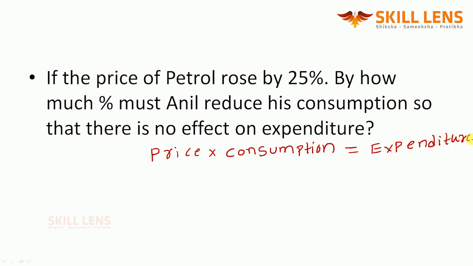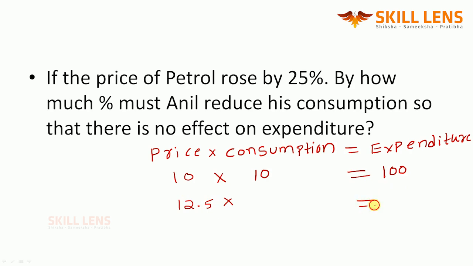Okay, so I am assuming my father will give you 100 rupees for petrol. 1 liter petrol cost is 10 rupees. So how many liters am I going to get? 10 liters. Right. Now what happened to the price? Yeah, the price got increased by 25%. So what is the new price? The new price is going to be 12.5, because 25% of 10 is 2.5.